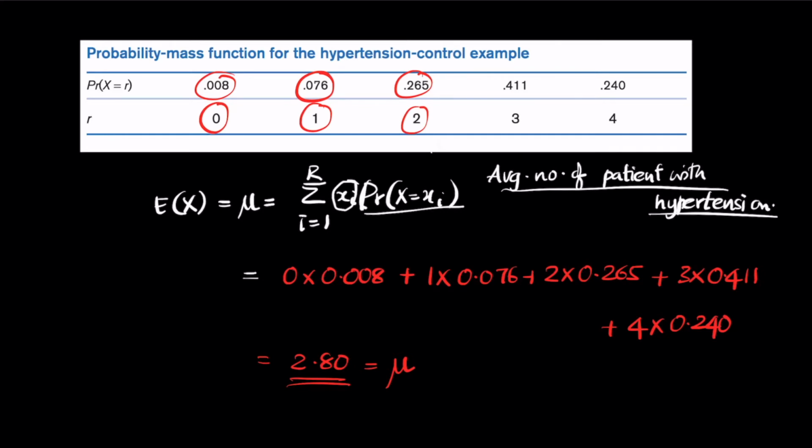With the probability distribution, an average of at least 2.80 patients will end up having hypertension during the drug trial. So you will have at least 2.8 hypertensives for every 4 of them that you have treated. So this is how you can calculate the value.